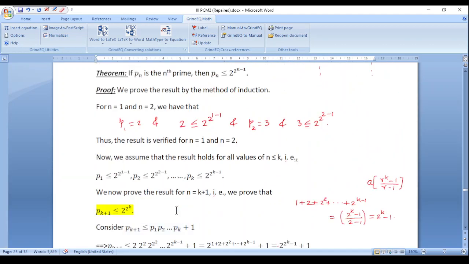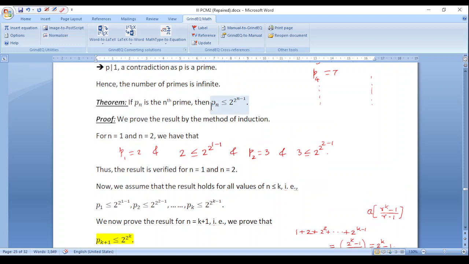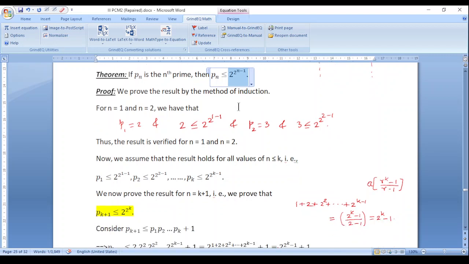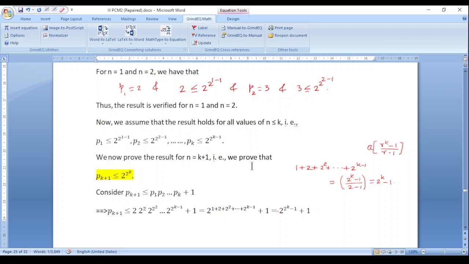Finally, we have proved that any prime will have its value less than or equal to 2 to the power 2 to the power n minus 1. Remember, this might look like a very simple or irrelevant result, but it has its own importance because it tells us where the next prime number would be. If you know that a particular number is a prime, you can find the next prime using this number. So this is an upper bound, which tells us that the next prime cannot be bigger than this number. Okay, so this proves this theorem, and with this I'm going to conclude this presentation.